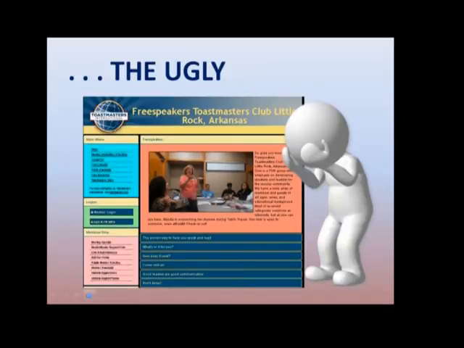They are in Little Rock, Arkansas. Their club name is Free Speakers Toastmasters Club Little Rock. Probably not so. The colors are really off. I didn't see anywhere in that palette of colors that I showed you where we have this palette of odd, weird colors.